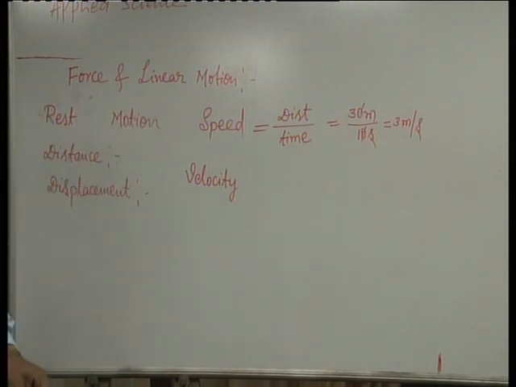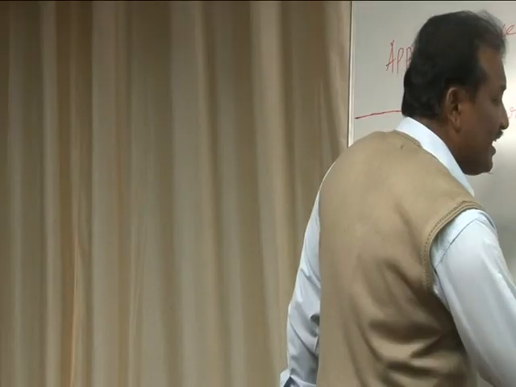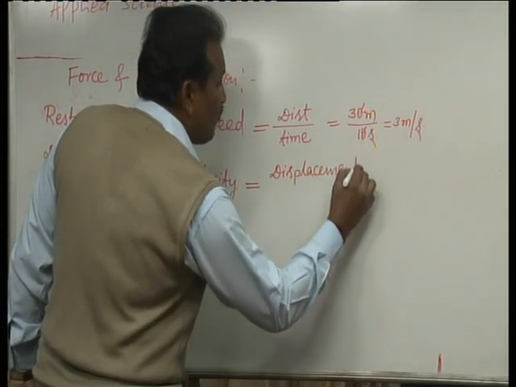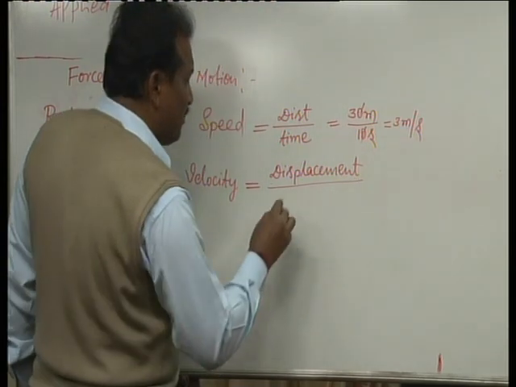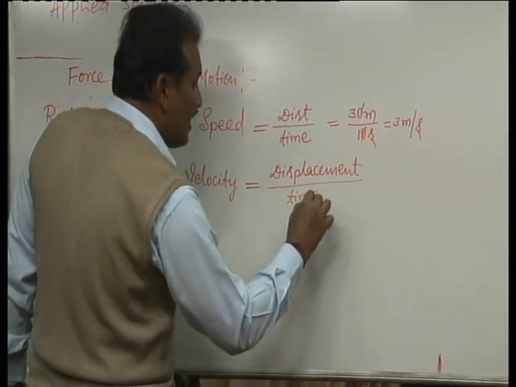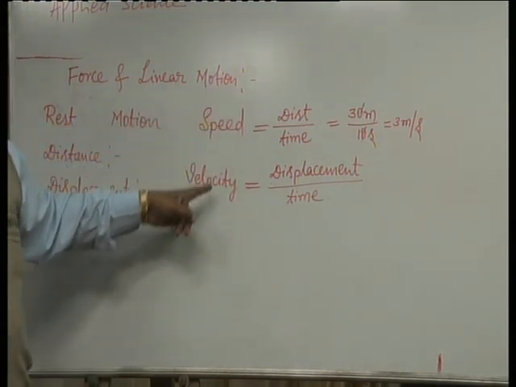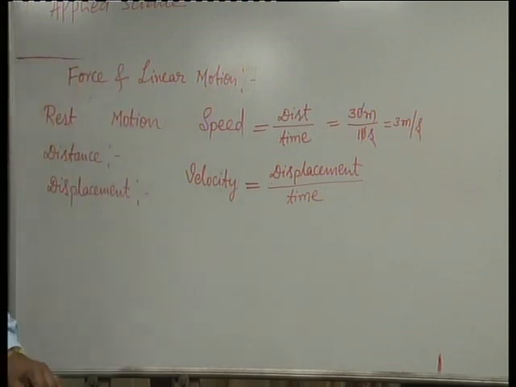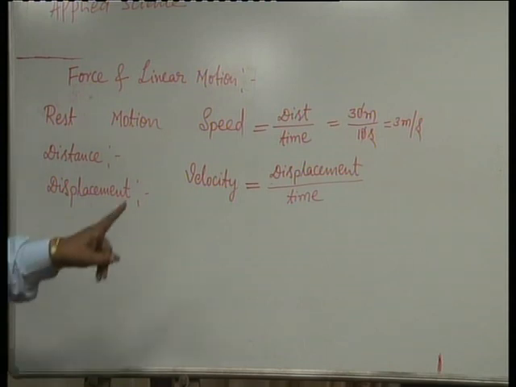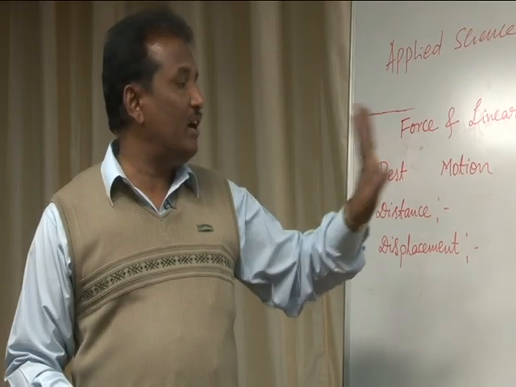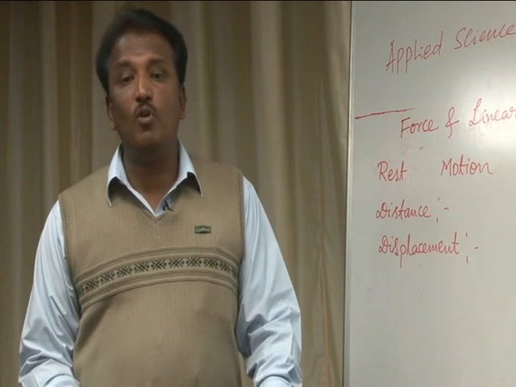Distance in the presence of a specific direction, you call it a displacement. Therefore, you can call velocity the ratio of displacement made by a body to the time taken by the body. The only thing is, in one case it is without considering the direction, and here it is considering the specific direction. That is the only difference, the rest is one and the same. So, you can say velocity is the ratio of displacement made by a body to the time taken to travel that displacement.